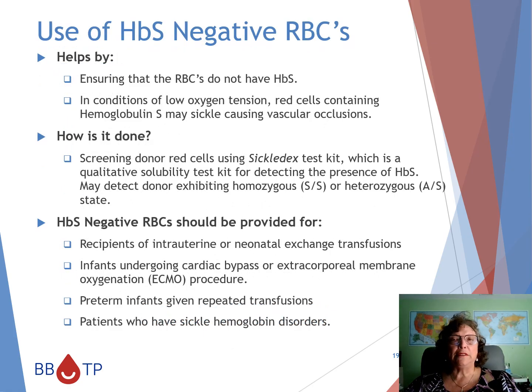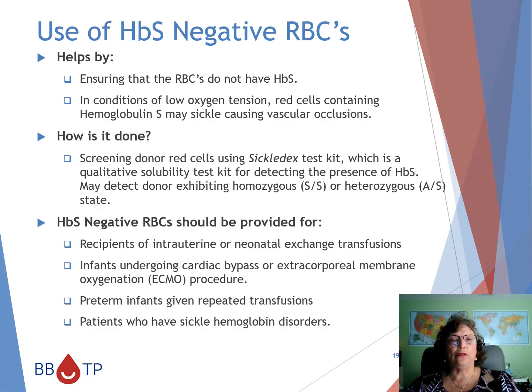One other thing that is considered for this population is hemoglobin S negative red cells. We want to make sure that the red cells do not have hemoglobin S. The reason for this is that in low oxygen tension situations, red cells containing hemoglobin S may sickle and cause a vascular occlusion. This can happen in patients that are going on ECMO or maybe on cardiac bypass, and preterm infants that are receiving repeat transfusions.